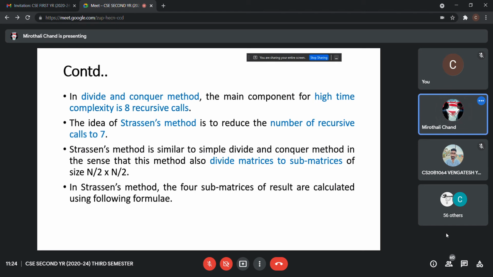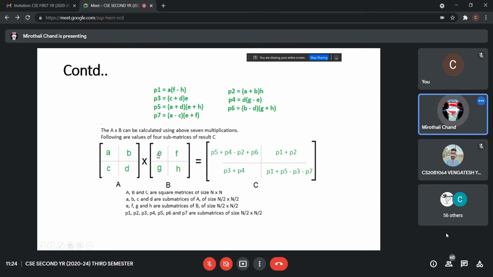But the approach is similar to the divide and conquer method, where here also they will be dividing the matrix into several submatrices. Whereas this is considered as the problem, and this problem is divided into subproblems. So the matrix we are considering as a problem and dividing it into submatrices, which are subproblems, and finding the solution for these subproblems.